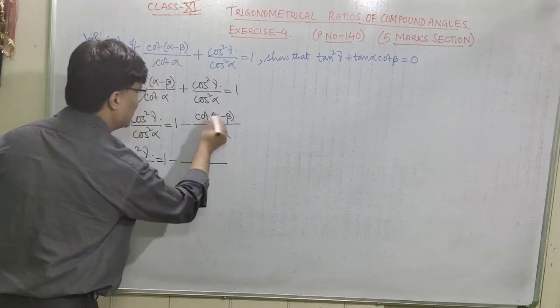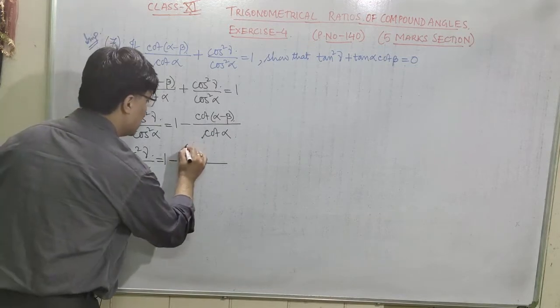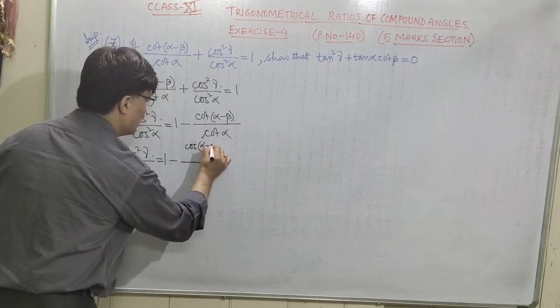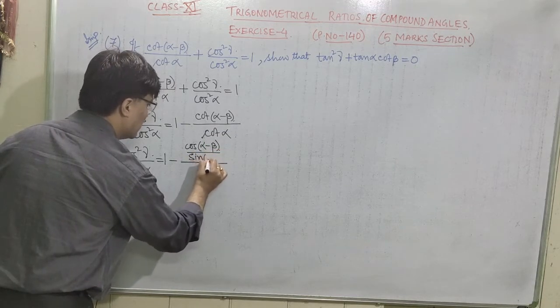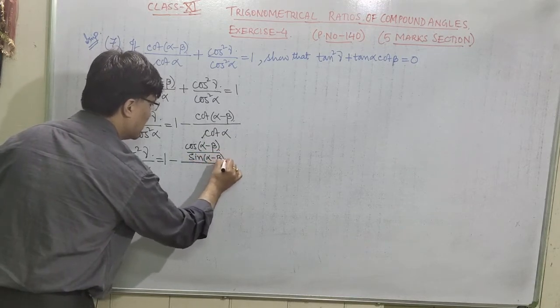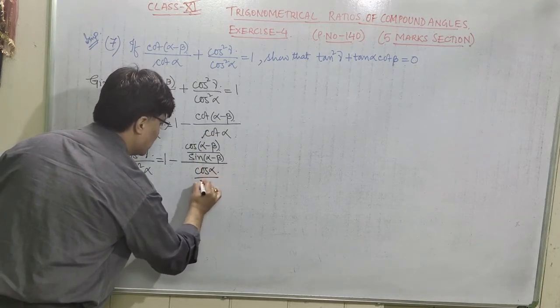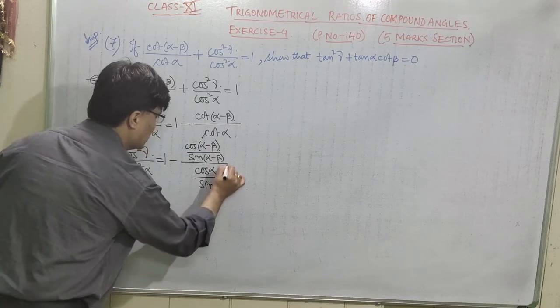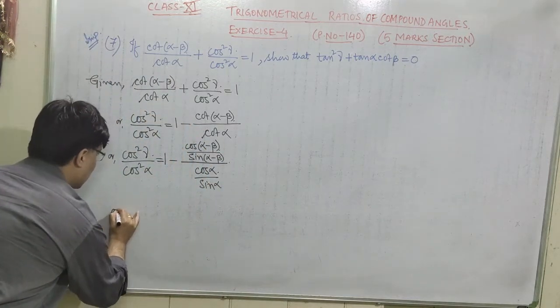Now let us convert this cot into cos by sine. So this is cos of alpha minus beta divided by sine of alpha minus beta. This cot alpha is cos alpha divided by sine alpha. So now let us simplify it again.